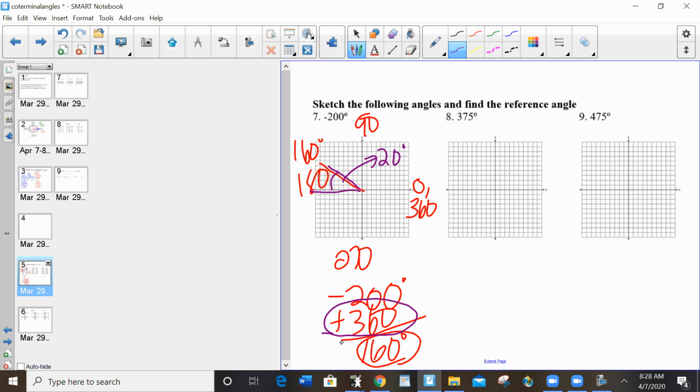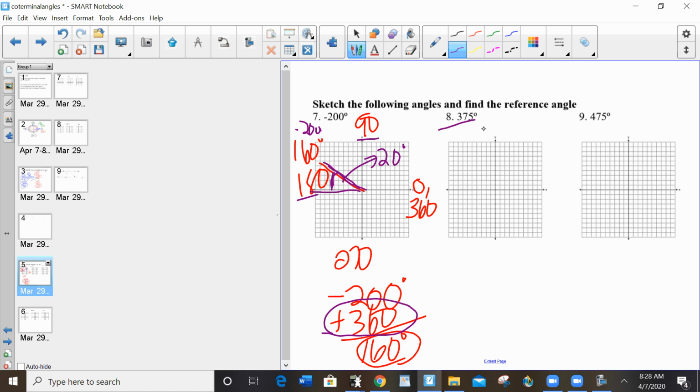In this case, we had to add 360 to get it between 0 and 360. That gave me 160, and from there, it's the same thing we did yesterday. I sketched it on the grid, it's between 90 and 180. It's closer to 180. That's where it goes, and my reference angle is always the angle in between there. Technically, because it asked for negative 200, let's put a negative 200 up here. The angle.